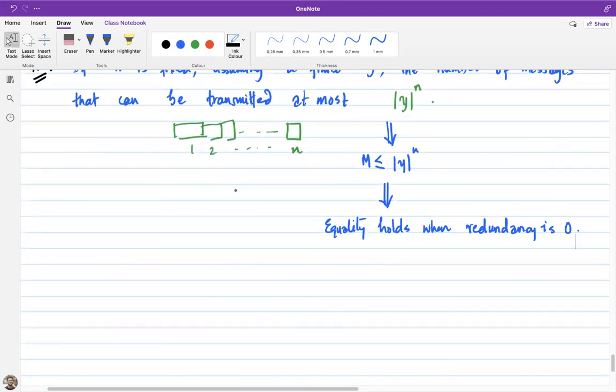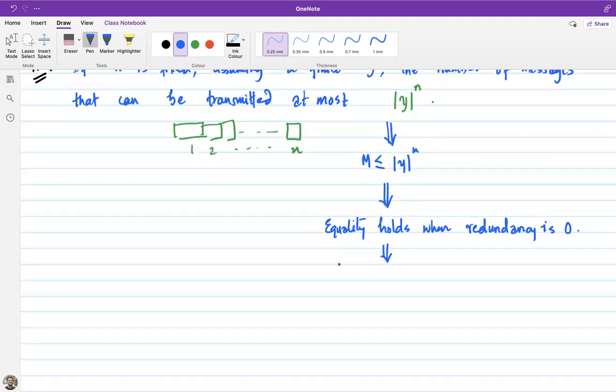So in order to guarantee this, there has to be a middle way. You cannot transmit this many, but there exists something in between, something less than this cardinality of y to the power n, those messages which you can transmit. So I will go step by step.